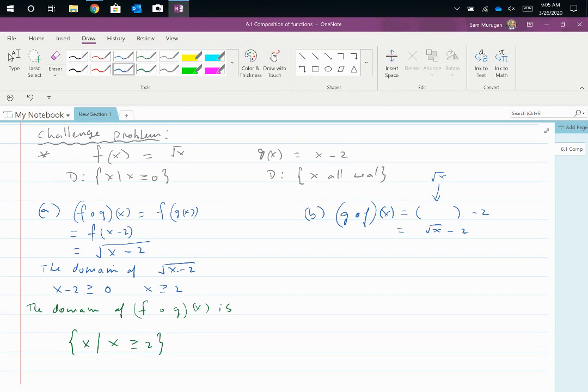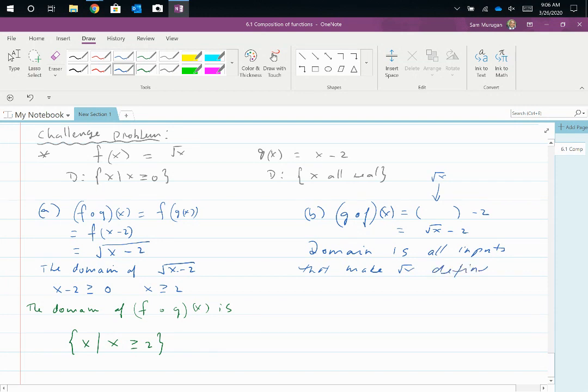The domain for this is all inputs that make the square root of x defined. So x has to be greater than or equal to 0.